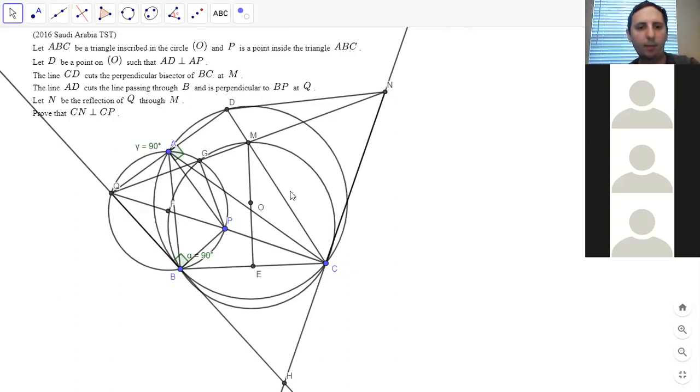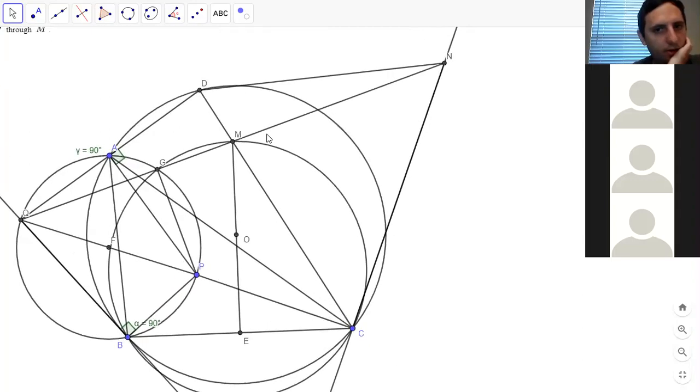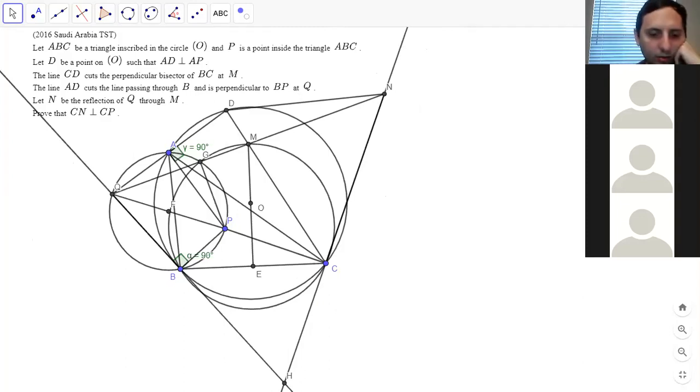Oh, because angle MCB is the same. Let's see. Yeah, because you can calculate angle MBC or MCB. Sorry, my GeoGebra is going crazy. MCB is QAB, and that is equal to QGB. Okay.